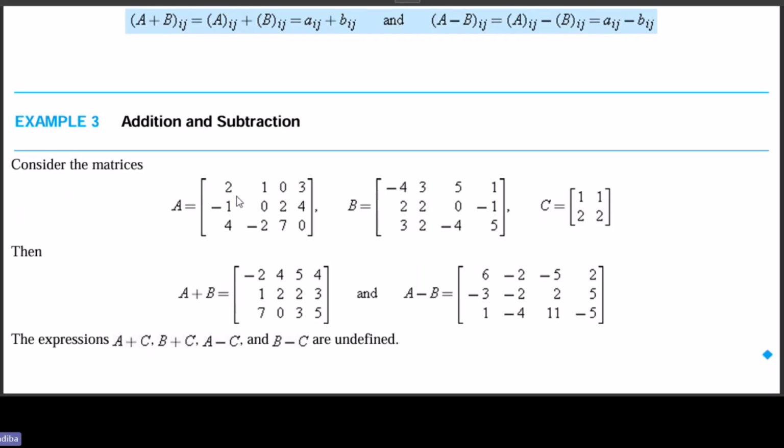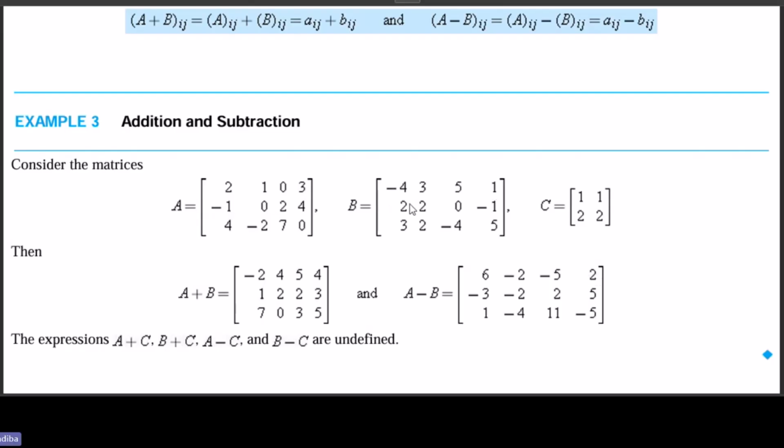Now, the difference. A minus B. We subtract the corresponding entries again. It is 2 minus minus 4. That's where this 6 is coming from. Then 1 minus 3 gives us minus 2. 0 minus 5 gives us minus 5. 3 minus 1 gives us 2.